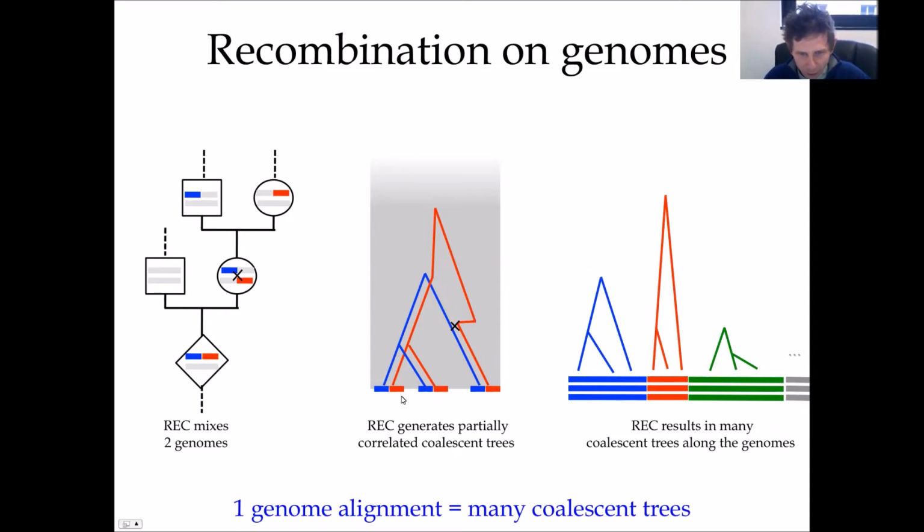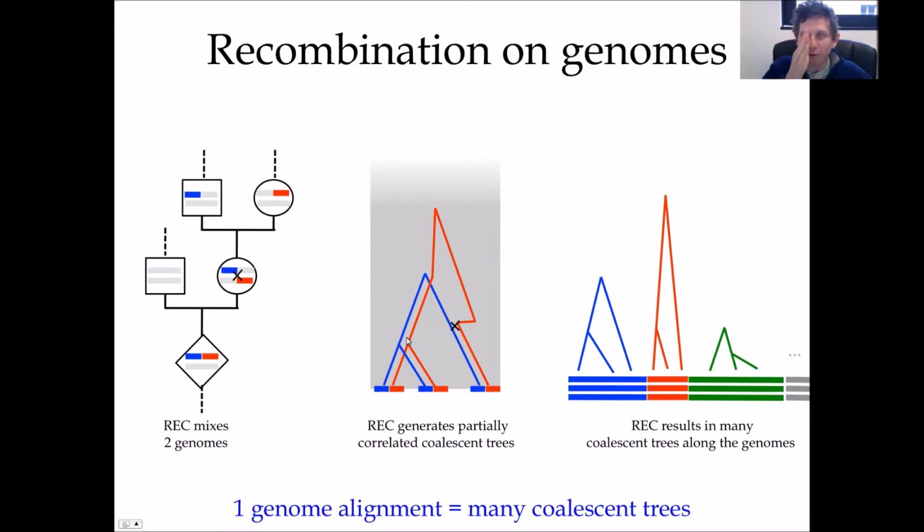Say, for example, look at the middle figure. You have sampled 3 genomes that are here half blue and half red. You look at their genealogy, they have a common genealogy, but here you had a recombination event so that the red bit of the genome has a different genealogy than the blue part of the genome, right?